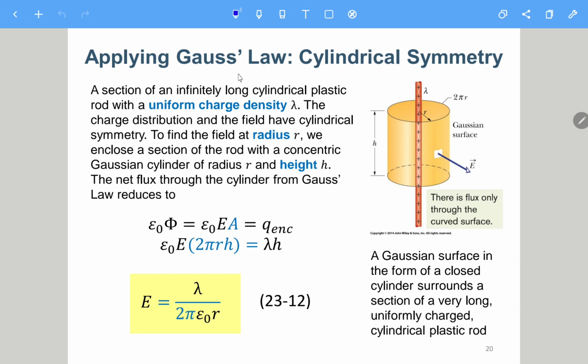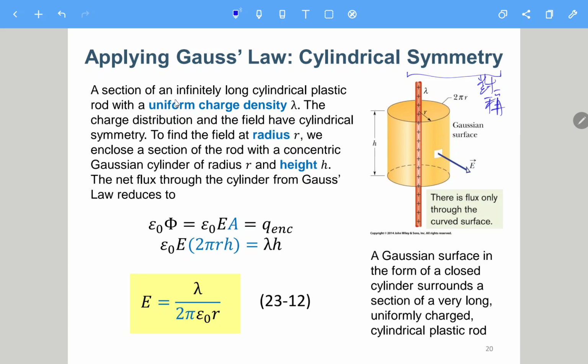So here we will try to apply the Gauss law to quickly find the E field generated by some symmetrical structure, symmetrical 对称 structure. For this one, it is called cylindrical 圆柱对称.